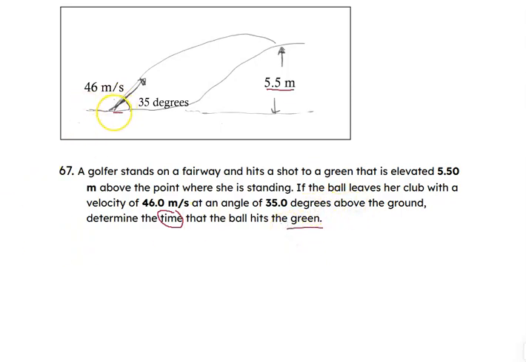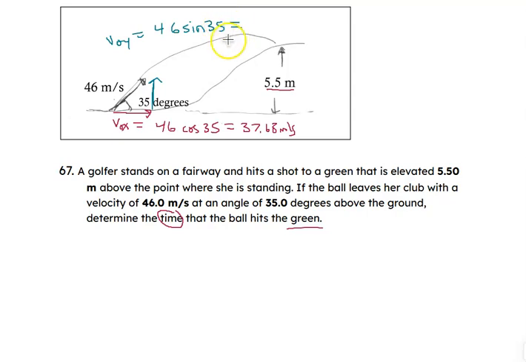All right, so again, the first thing you want to do is find your V0 X, which is 46 cosine of 35, which is 37.68. And then find your V0 Y, which is 46 sine of 35, which is 26.4.